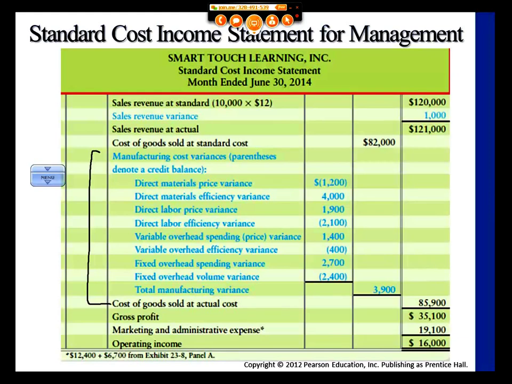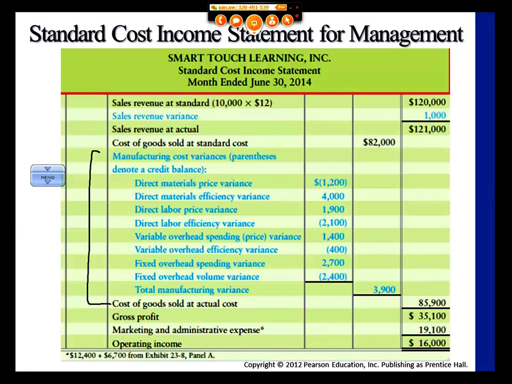We have total manufacturing variance calculated, and it tells us that it's unfavorable at 3,900. How did we calculate this? We've learned how we find this 3,900. This is a representation of the statement that puts together all of the variances.